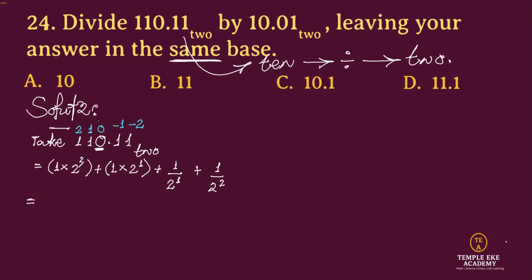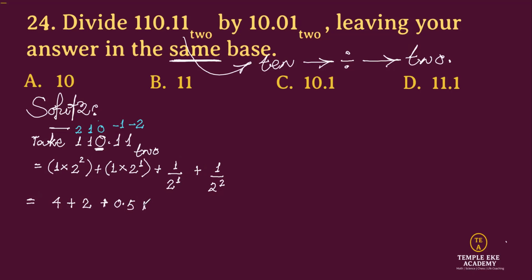So 2 squared is 4. 4 multiplied by 1 gives 4. Plus 2 to the power 1 is 2, multiplied by 1 is 2. Then plus, now let's convert these parts into decimals. 2 to the power 1 is 2. 1 over 2 is 0.5.